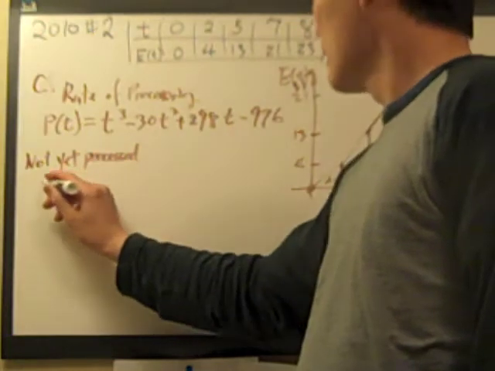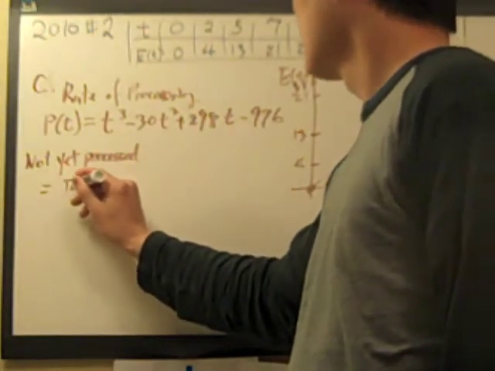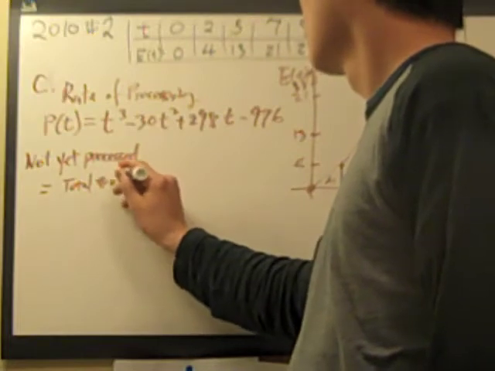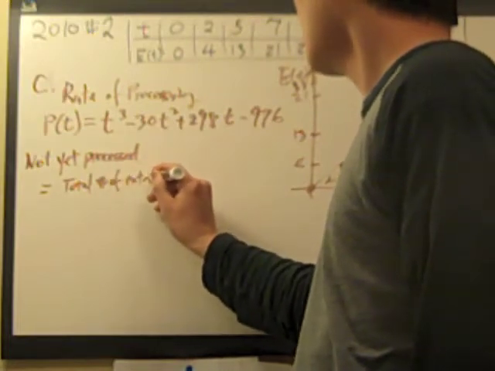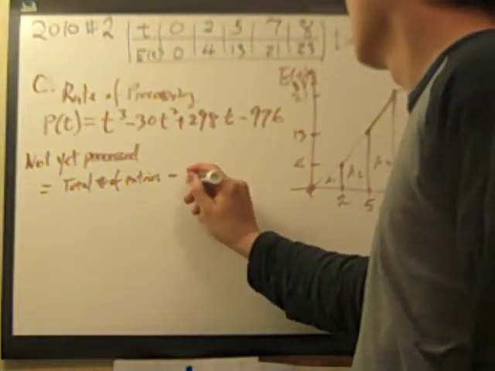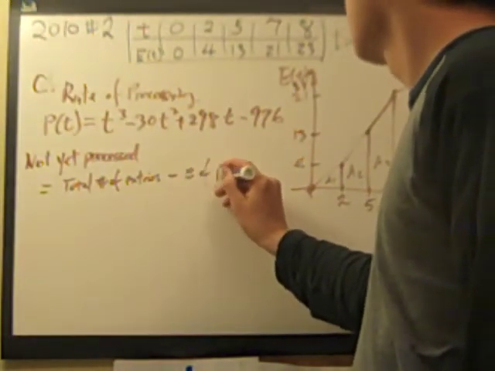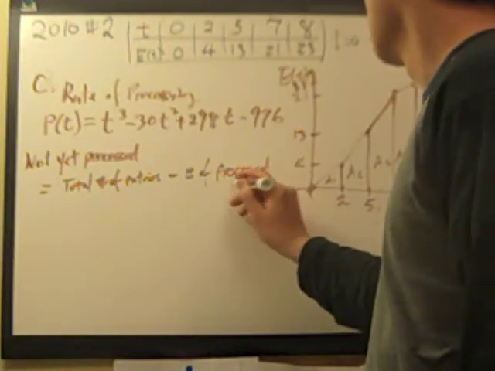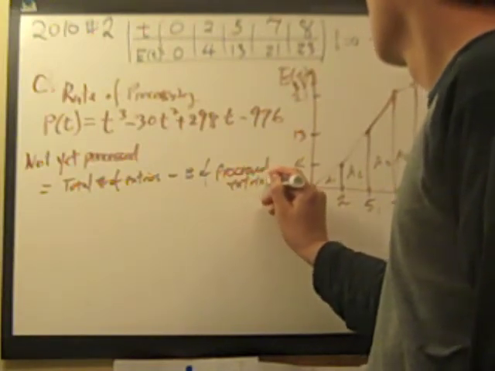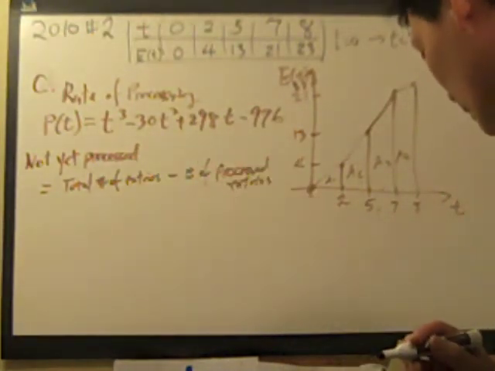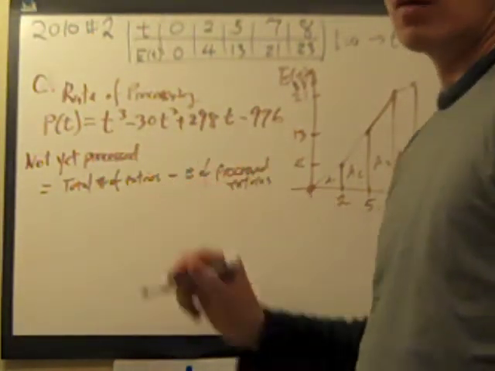Well, wouldn't that be the total number of entries minus the number of processed entries, right? Now the total number of entries, what do you think it was?